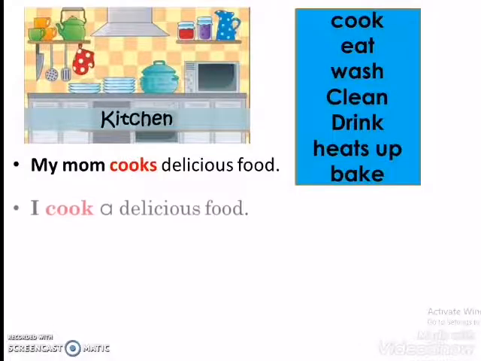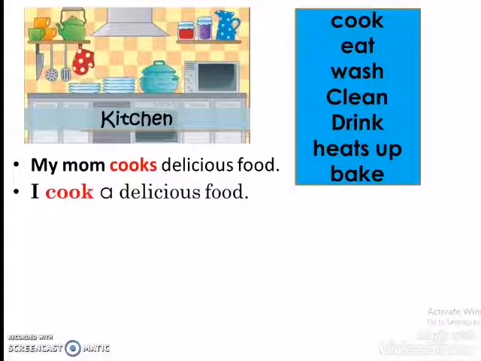Okay, if I say I cook a delicious food instead of mom, for I, we don't add an s. I cook a delicious food. Did you see here the difference? For my mom, she is she. We say she, okay?